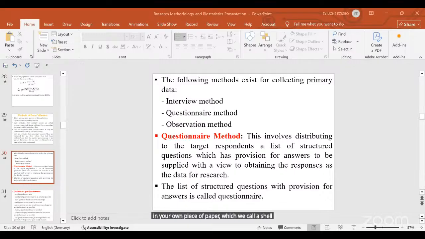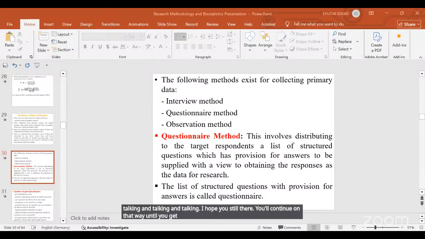And as we are discussing, even though the person being interviewed may be saying so many things that are irrelevant, the moment the person hits one of the pieces of information that you are looking for, you put it down, in the midst of all the talking and talking and talking.